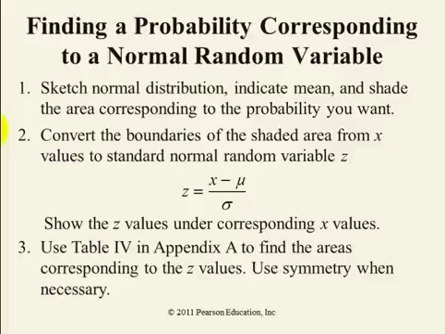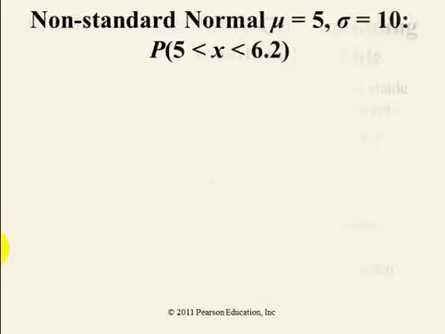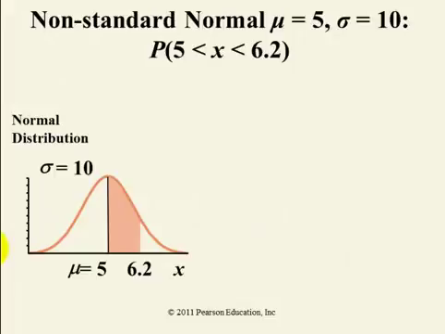So you then show the z values under the corresponding x values and look them up in the Appendix A table, and always use symmetry. It's going to be very useful. And of course the idea that 1/2 of the area under the curve to the left or to the right is 1/2. So this is a half, that's a half, total of 1.